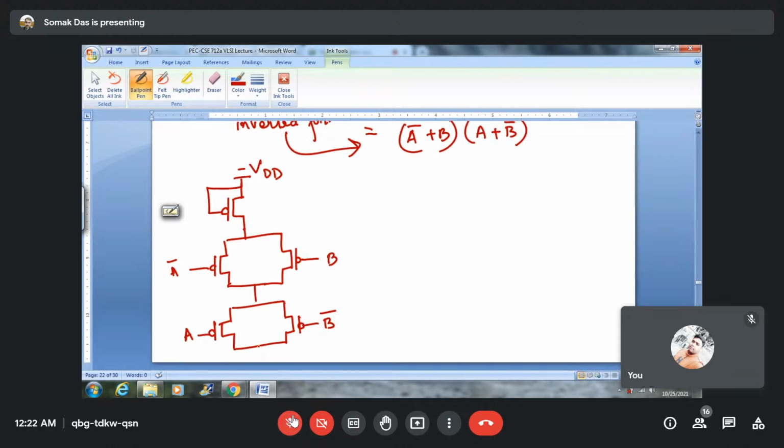Okay, then you ground it. And this is the driver network which we have designed, and the load transistor remains same. So in between a point between the driver network and load transistor, you take your output as well. So did you get it? How to design PMOS circuit?